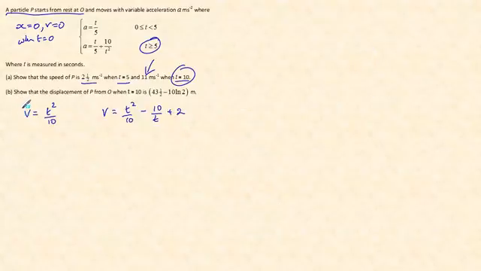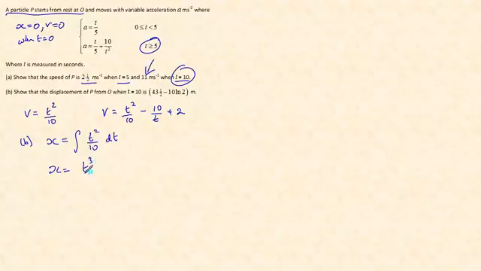Now in part B we want to show the displacement of P from O when t is 10 is this distance here. Now I think we've got to go through a similar sort of process with x. So let's look at the first 5 seconds. That's going to be the integral of t squared over 10 dt.